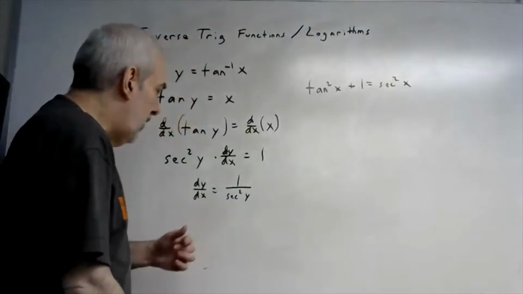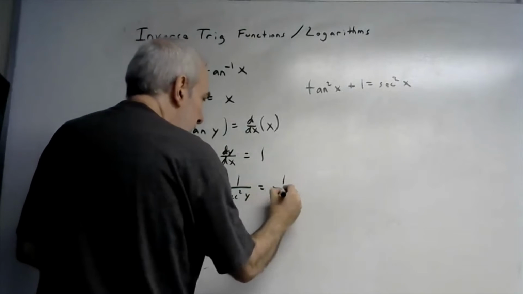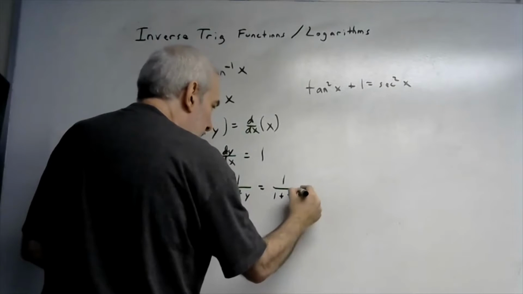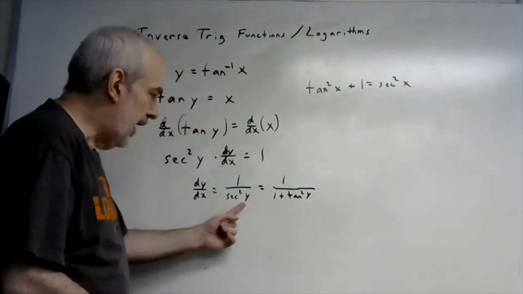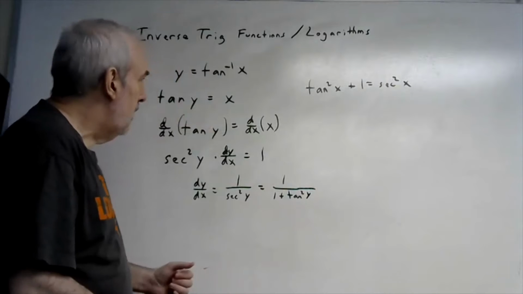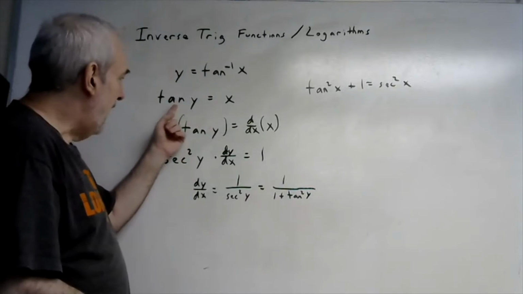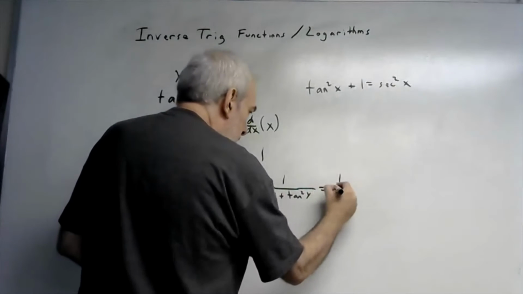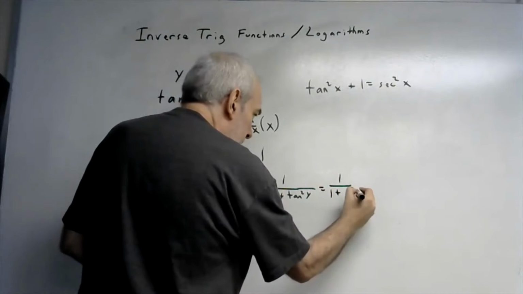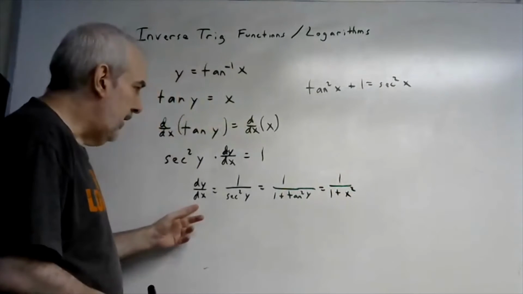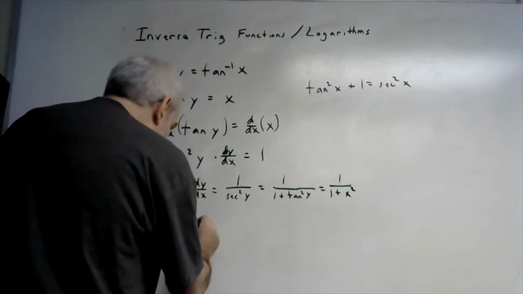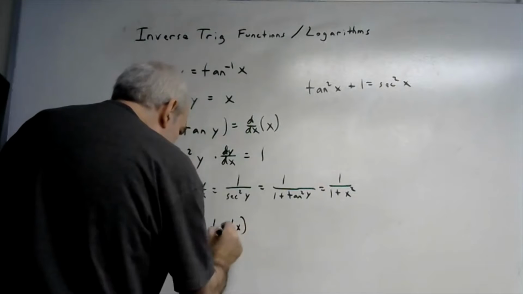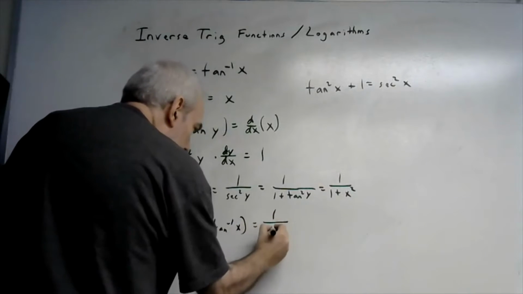Therefore, this secant squared in the denominator we can rewrite as 1 plus tangent squared of y. Okay, and tangent of y I know is equal to x, so this denominator I can change to be 1 plus x squared. That is dy/dx. In other words, the derivative of the inverse tangent of x is 1 over 1 plus x squared.